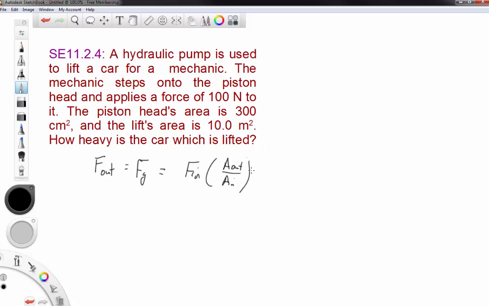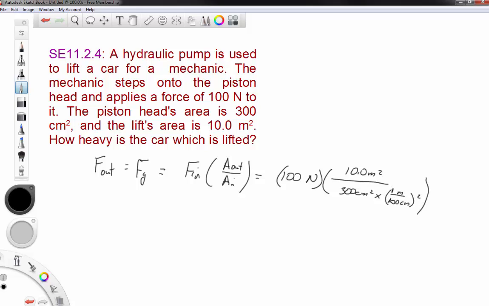So the output area, of course, was given in meters squared, the input in centimeters squared. So we'll say 10.0 meters squared divided by 300 centimeters squared times 1 meter per 100 centimeters quantity squared.